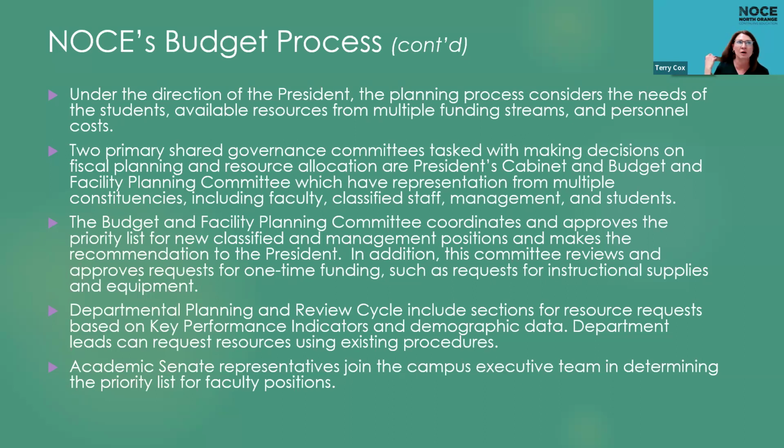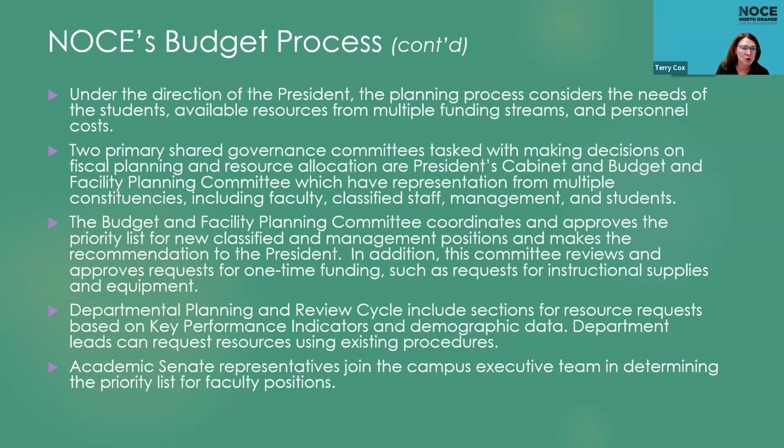And again, with the current revenue, based off of our FTES, because of the decline in our FTES and our decrease in our budget, looking at our other multiple funding streams is very important. We also have two primary shared governance committees, which is President's Cabinet and our Budget and Facility Planning Committee.